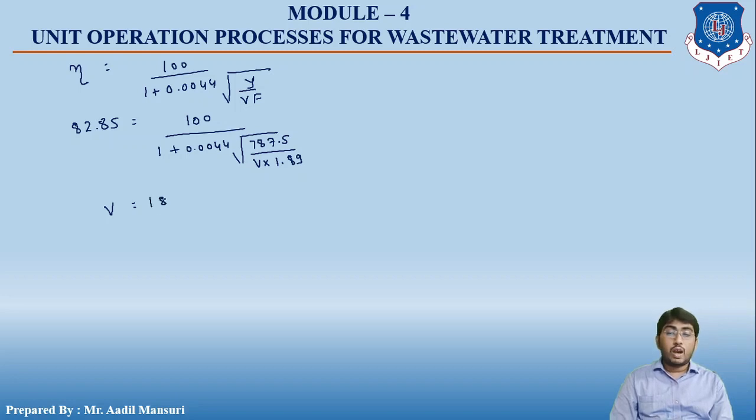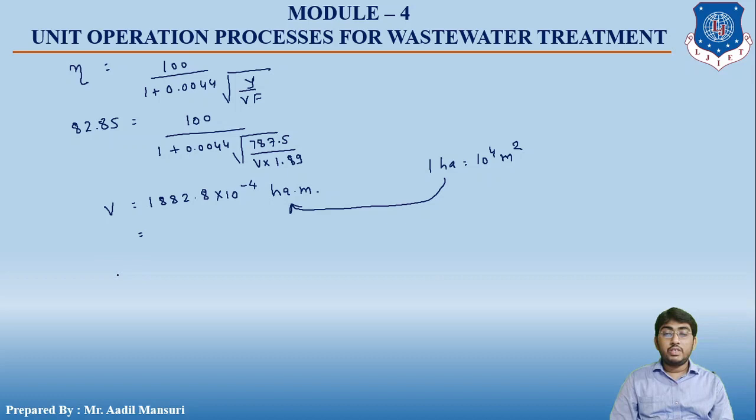Okay, so after simplification you will get the value as 1882.8 into 10 to the power minus 4 hectare meter. Now we know that 1 hectare equals 10 to the power 4 meter square. So I am placing this value over here.